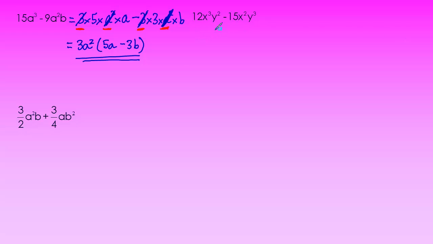So let's move to the next example just here. So 12 and 15, the two numbers, the highest common factor there once again is 3. So I'm going to write the 12 as 3 times 4. Now, looking at what we have, I'm going to write this x cubed as x squared times x.